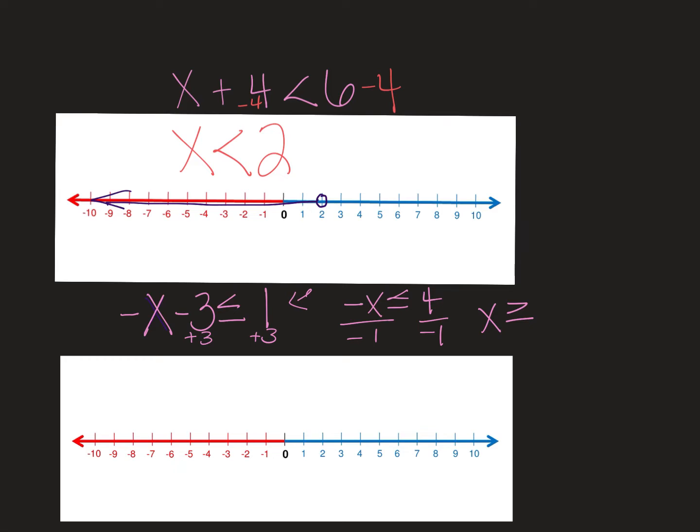Flip it, and your answer is negative 4. So I'm going to find negative 4. I'm going to fill my circle in this time, because it says that x is greater than or equal to, meaning that x could be negative 4. And then I'm going this direction. Okay?